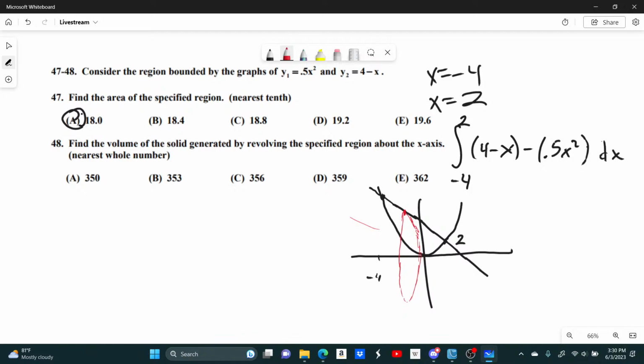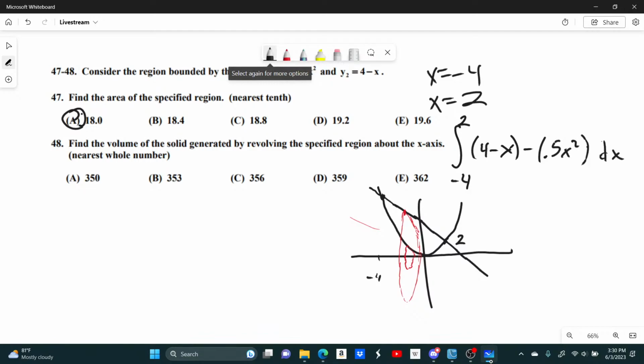So I have that disk, and that's a solid disk, right? But you have to remember that I'm not covering this entire area. I have this other function here that's cutting some of the stuff out, so I'm going to get this little circle in here. This is why it's called the washer method, because for each x value, you're going to get these washers.